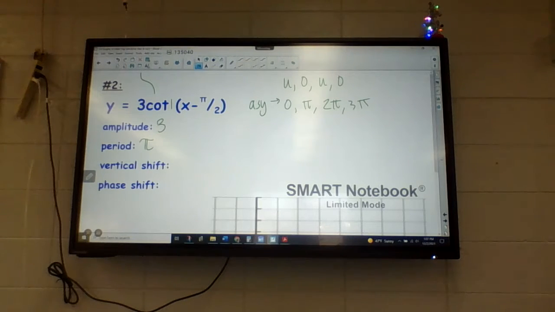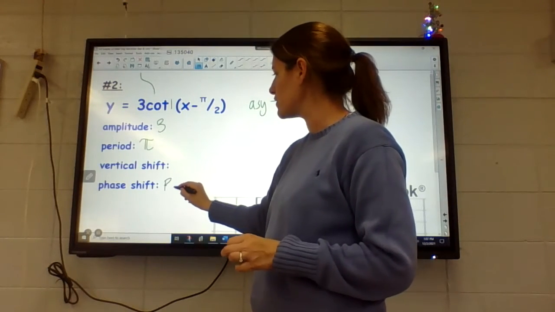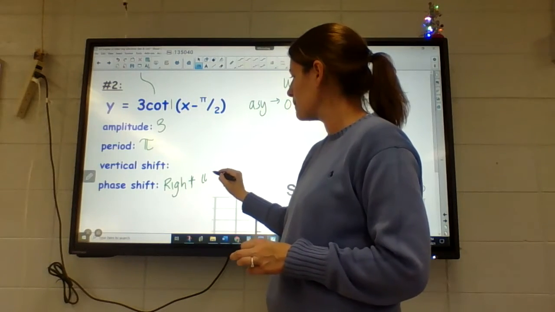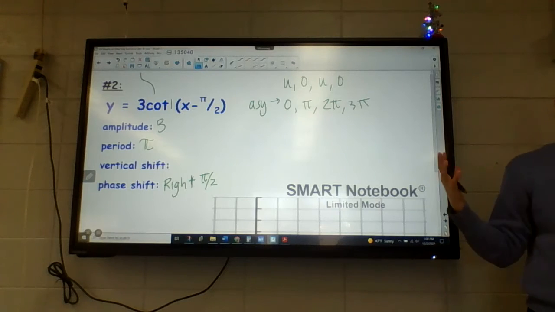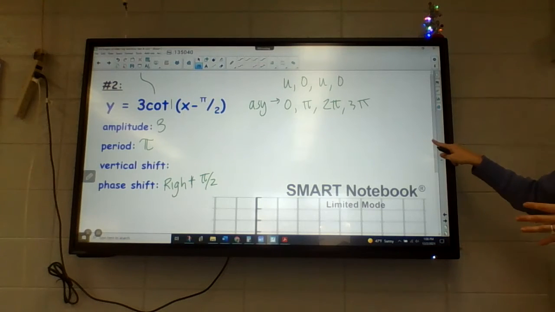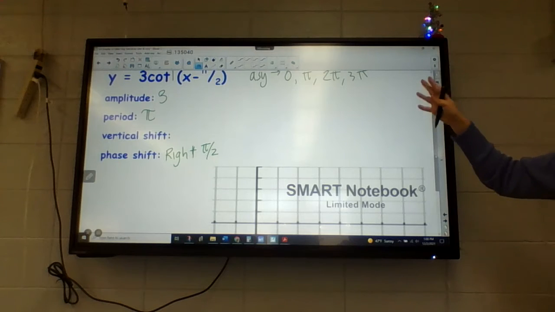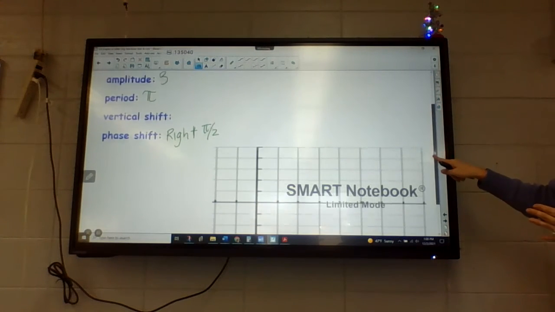It's shifting. It's going to the right pi over 2, a phase shift. So what do you think that's going to do to my asymptotes? They're going to shift over as well. So rather than being at 0, pi, 2 pi, 3 pi, they're going to shift over one space.